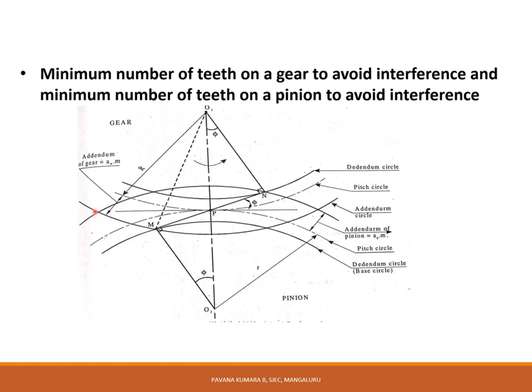Similarly the base circle of the gear, pitch circle of the gear and addendum circle of the gear. So phi is nothing but the pitch pressure angle. Here M and N are called the interference points.